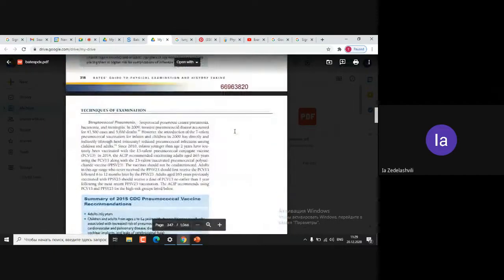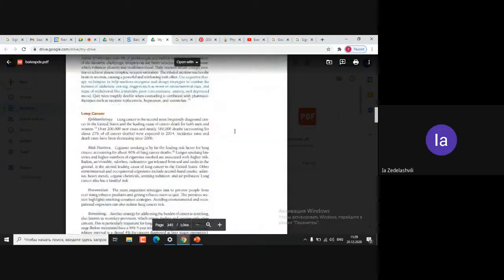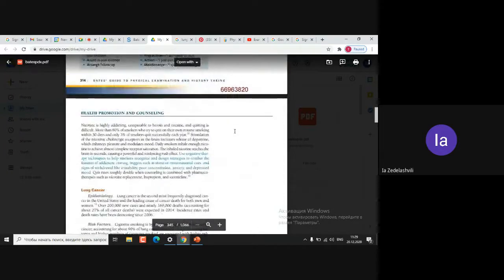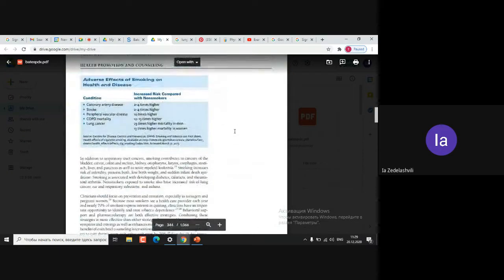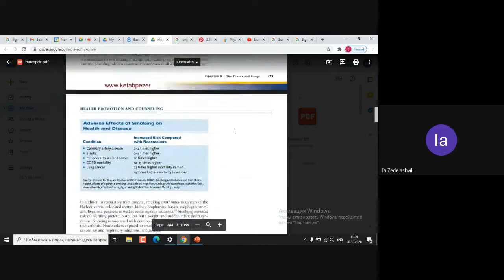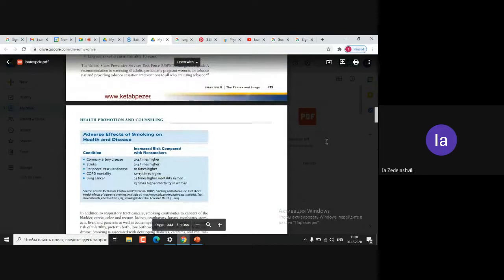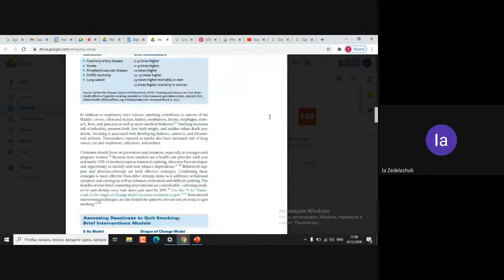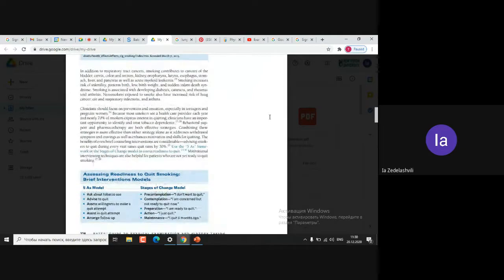So once again, which book do you have to read? It's Bates. It's uploaded on the portal. From page 304, as I remember, till the 400s, it's the description of the lungs and examination of the thoracic parts.